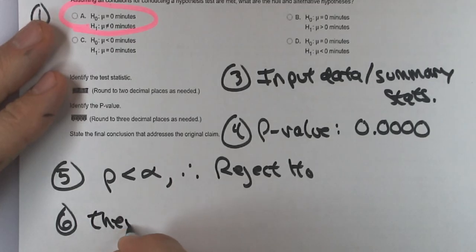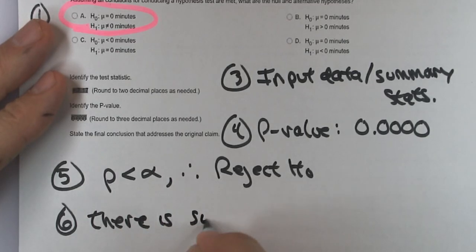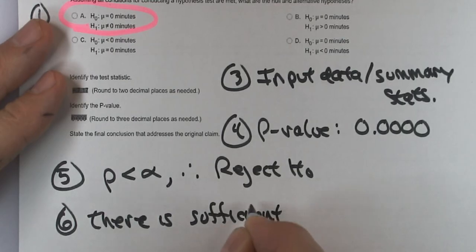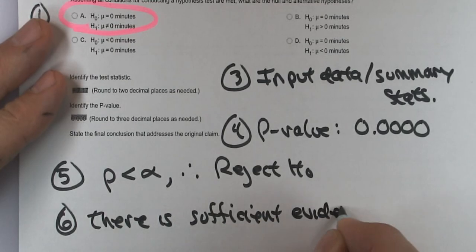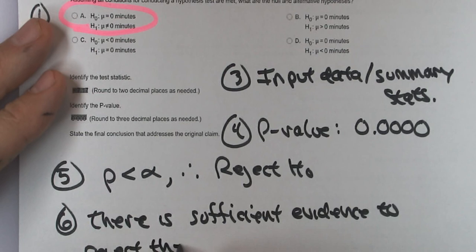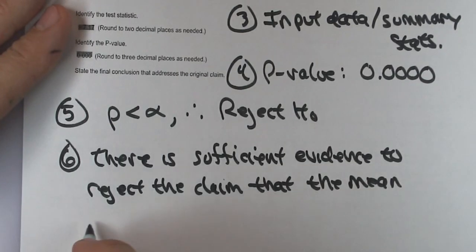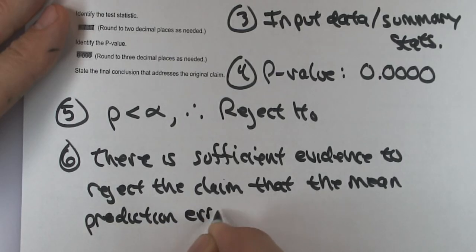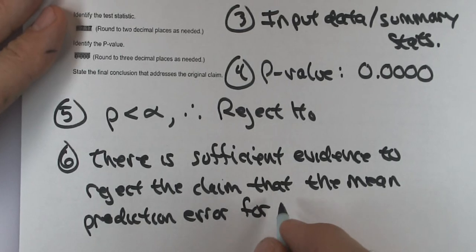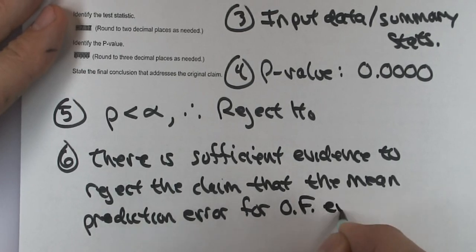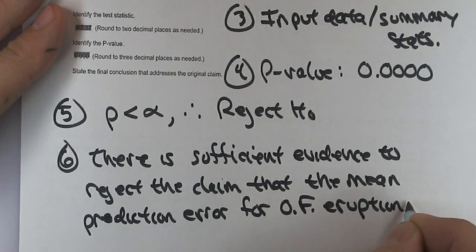There is sufficient evidence to reject the claim that the mean prediction error for Old Faithful eruption times is 0.